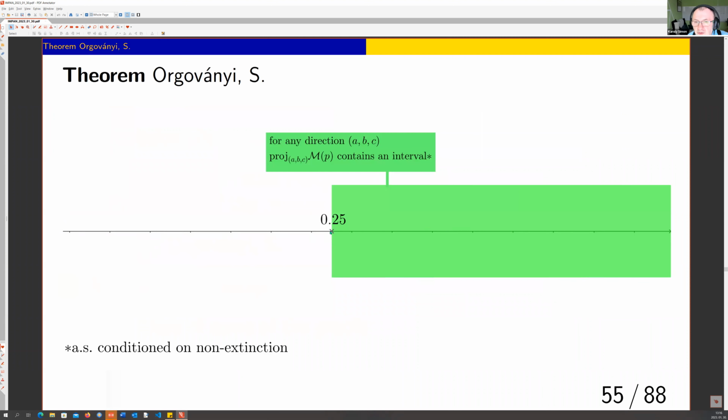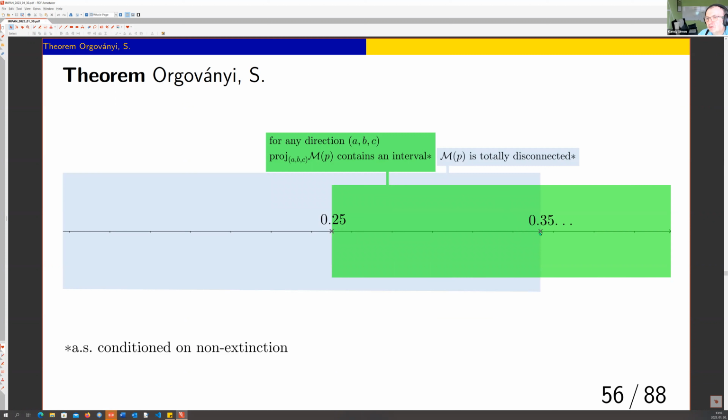Okay. So one thing that we proved was that if P is bigger than 1/4, then the projection of the random Menger sponge in any direction, simultaneously for all directions, for almost all realizations, contains an interval. Now, if P is not bigger than 0.35, then the random Menger sponge is totally disconnected.